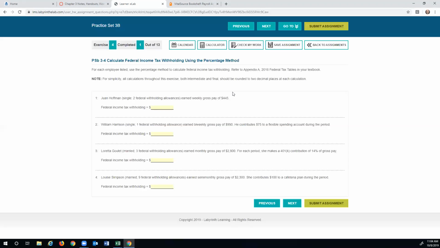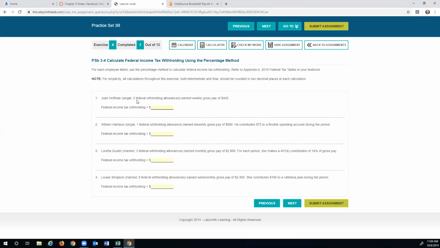So I've created a template to use for this. First off, we notice that the individual is single. So the best thing to do is just jot down on a piece of paper that they are single. They have 2 withholding allowances, so that's single and 2.